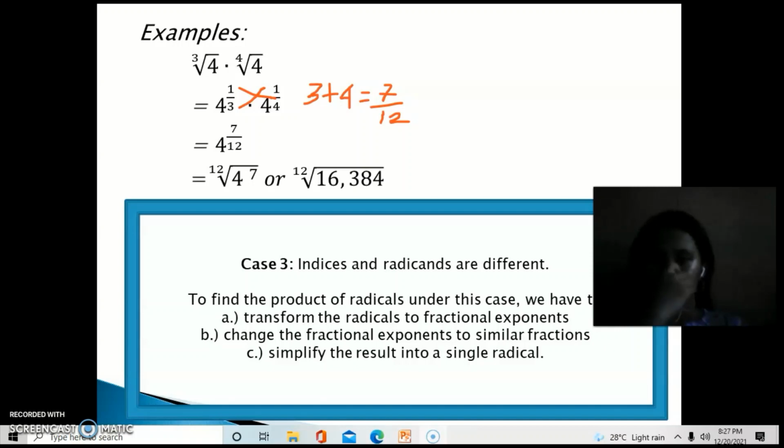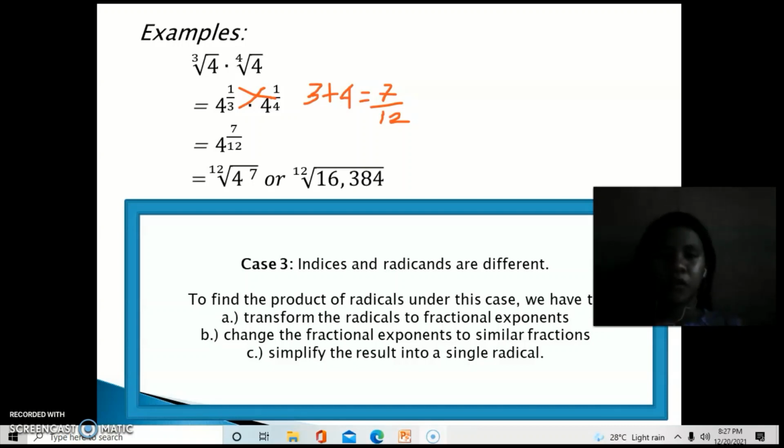As you can see, our denominator will be our index and our numerator is the exponent of our radicand. So we have the 12th root of 4 raised to 7.